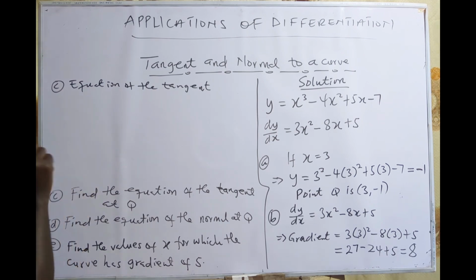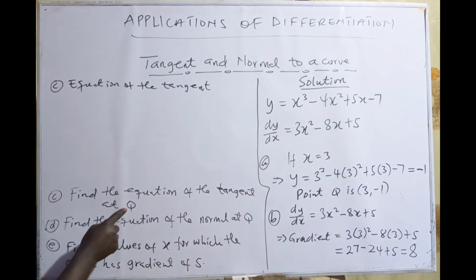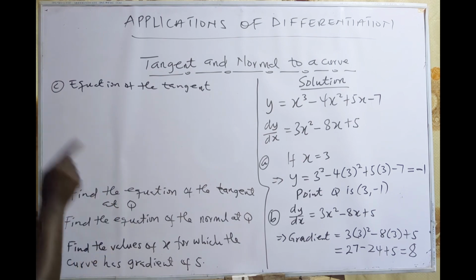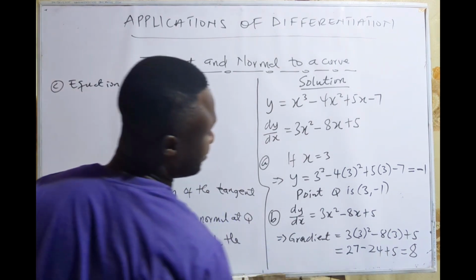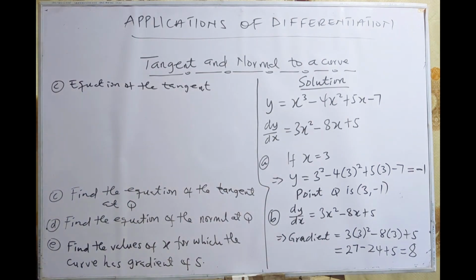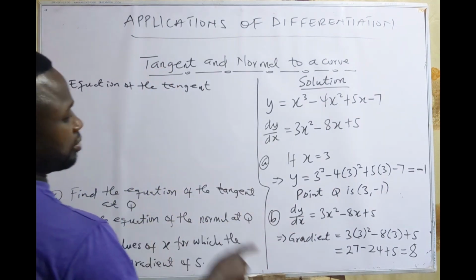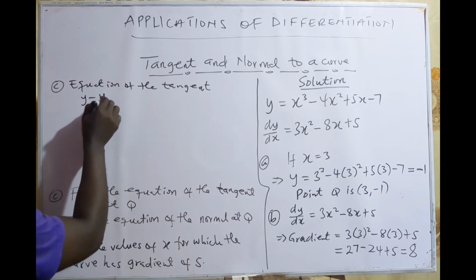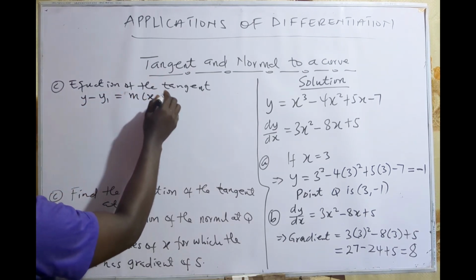So it is touching the curve at a point Q, or we are finding the tangent at a point Q. And because it is touching the curve at the point Q, it means our gradient is 8, because the tangent is also at the point (3, -1), because it's at the point Q. So the gradient will become 8. So the equation of the tangent, you know, y minus y1 equals the gradient times x minus x1.